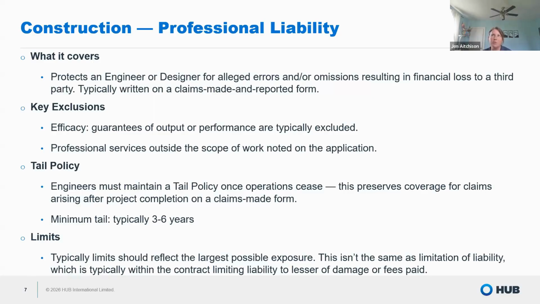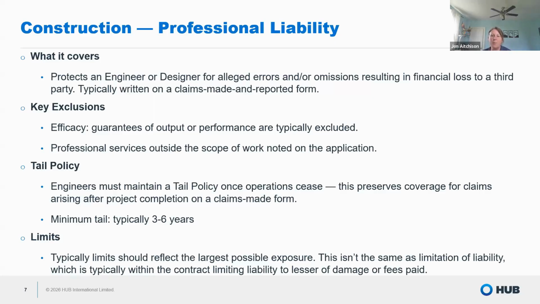The other thing we see and often write into contracts is a requirement of a tail policy. This is maybe getting into the weeds a little bit, but it's important. A professional liability policy is what we call a claims made and reported form, which means that the coverage in place at the time of the loss is the one that responds to the incident.